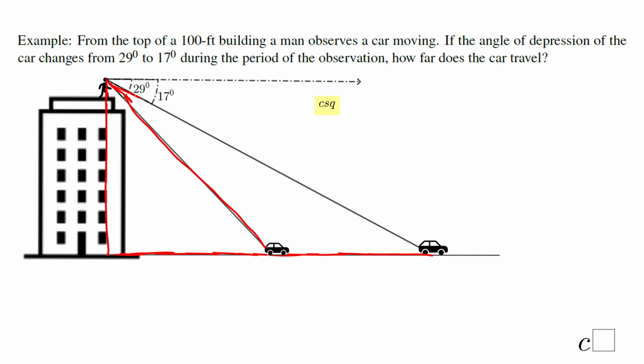I'm going to separate them when I do this problem. Now what you want to notice, this angle here, it's also 17 because it's congruent to these alternate interior angles, and this angle here will be also 29 degrees because it's an alternate interior angle with this angle.